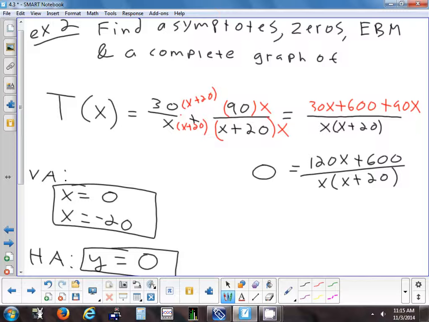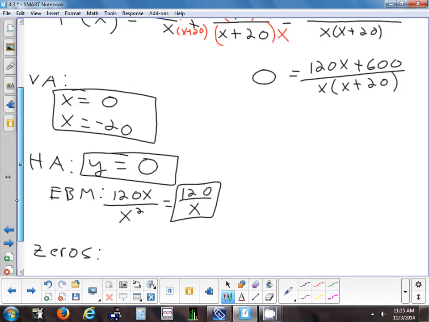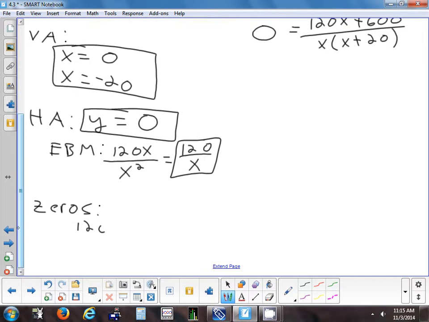Oh, Andy? There has to be a 0 in the denominator. Not the denominator. That's your vertical asymptotes. Yeah, and then numerator. Okay, if you can make the top 0, that'll make the fraction 0. So let's set the top equal to 0 and solve it.